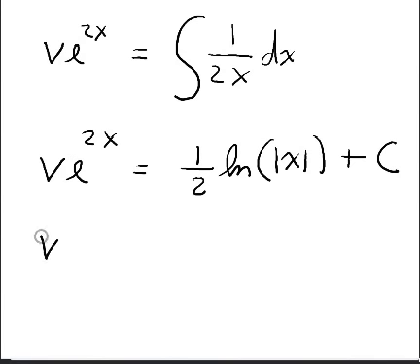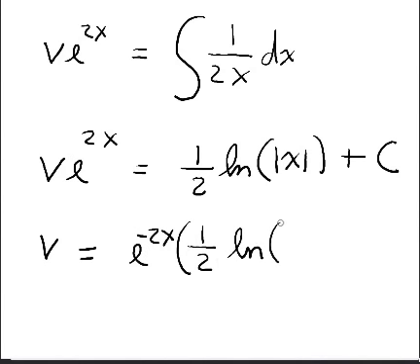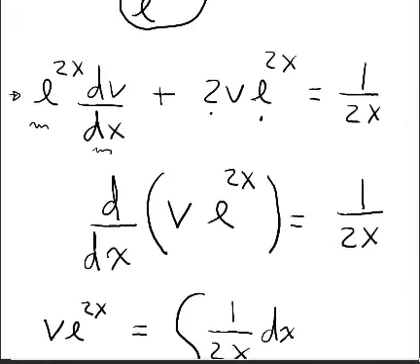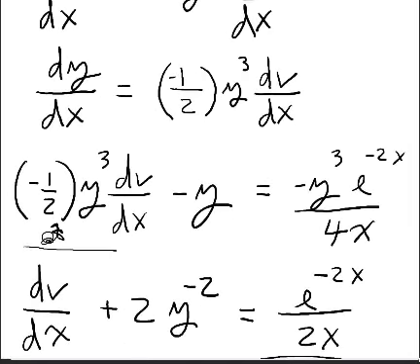Now let's solve this again for v. v is equal to e to the negative 2x times 1/2 times the log of the absolute value of x plus a constant. And now we must trace our way back to our variable y.